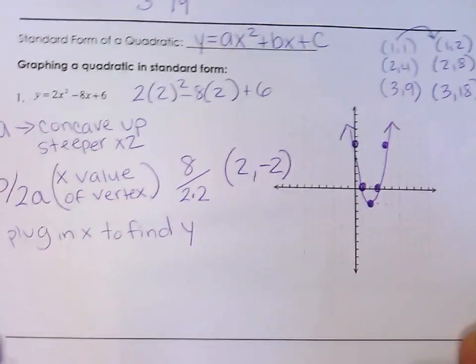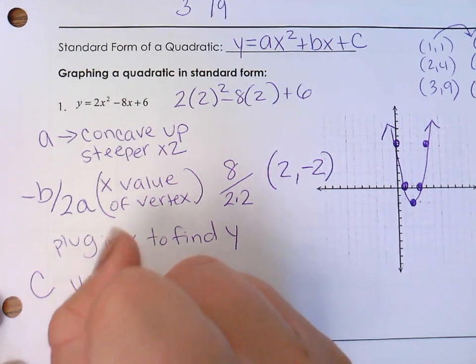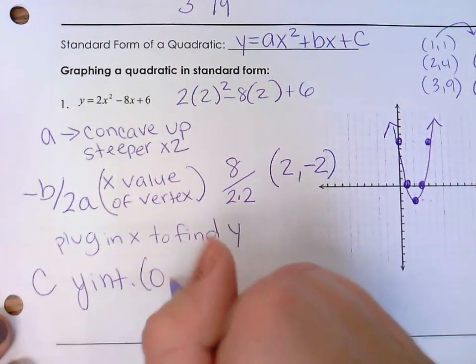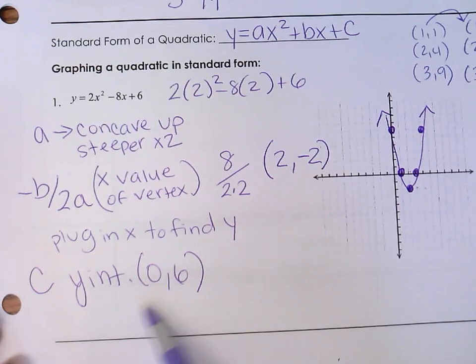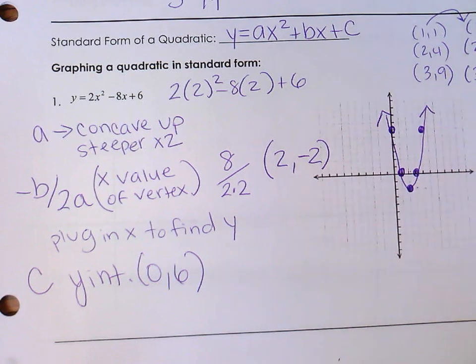So your C value, kind of the last thing, C value is your y-intercept. So in this case, 0, 6 is our y-intercept. We happened to go right through that point while we were graphing. So your graph, you might not be able to fit your y-intercept always, but in this case, we could.